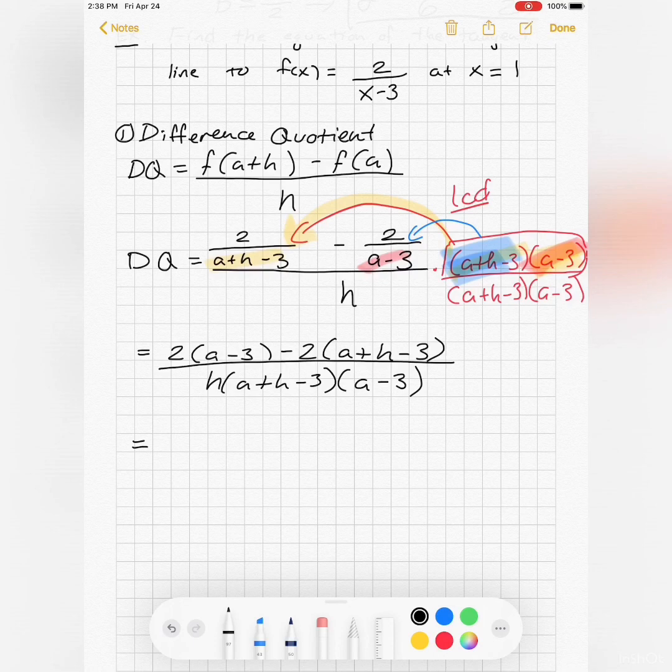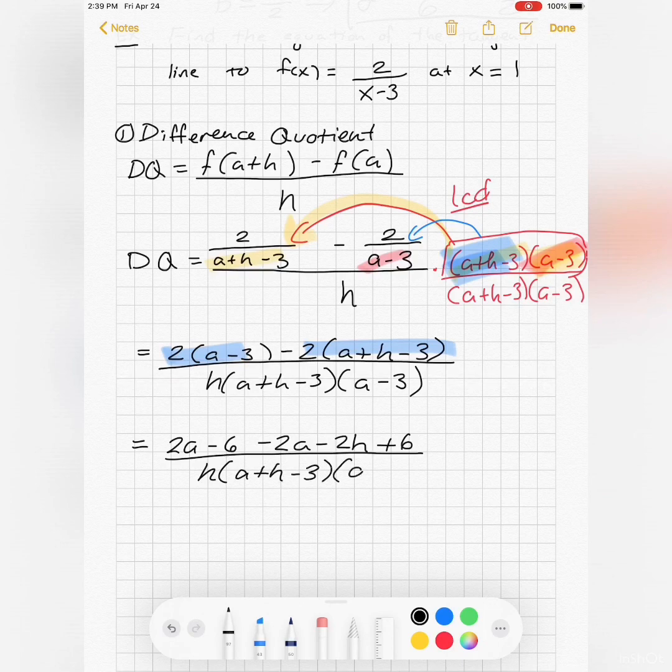Okay, let me distribute in the numerator. The denominator is already factored, so I'll leave that as it is. So what do I have? The 2 a's cancel, the 6's cancel.